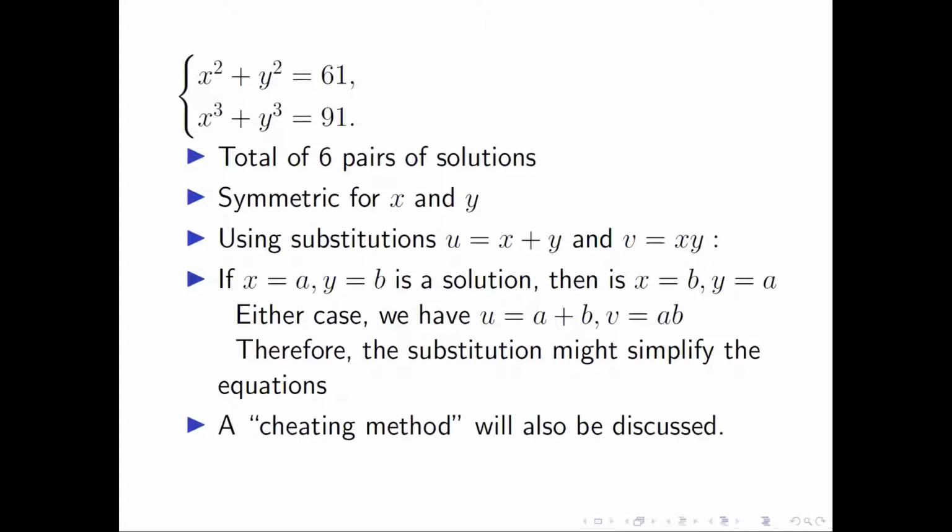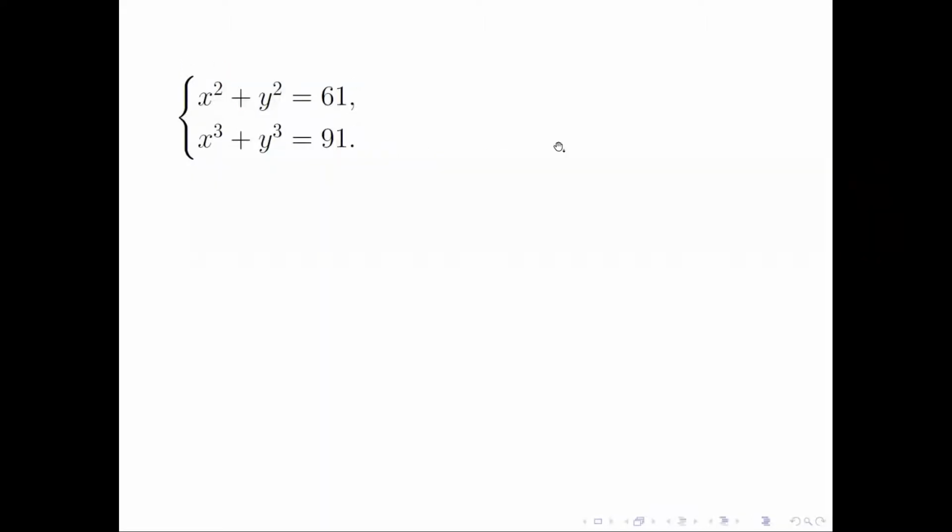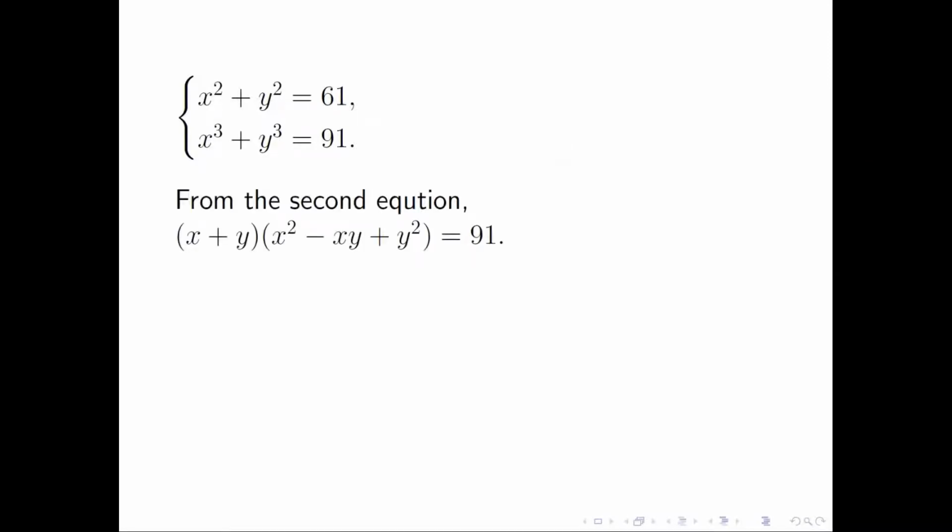To emphasize the advantage of the approach, I will also discuss another cheating method as a comparison. Let's solve the problem. From the second equation, x cubed plus y cubed can be factored as x plus y times x squared minus xy plus y squared.